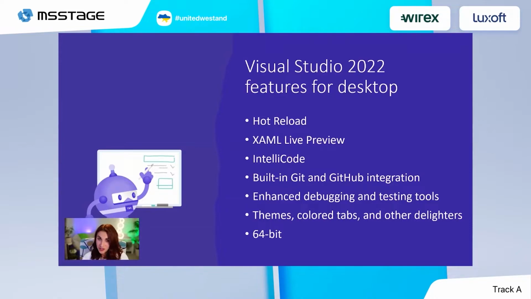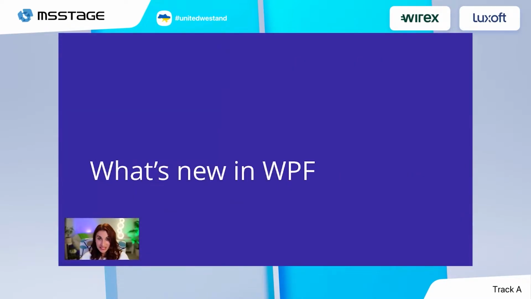If you don't like it, just close it, go back to the previous one, but don't miss out on the latest tooling. It's handy, it's great. So yes, don't be like my friend. And with that, let's deep dive into new features of WPF.